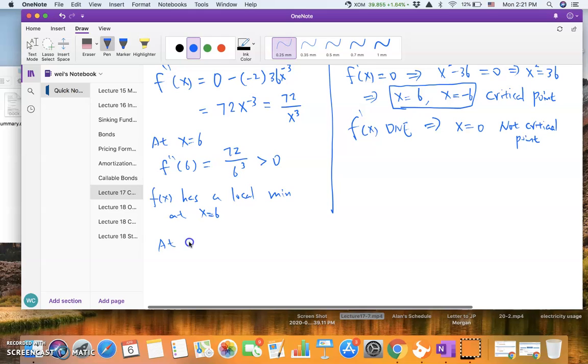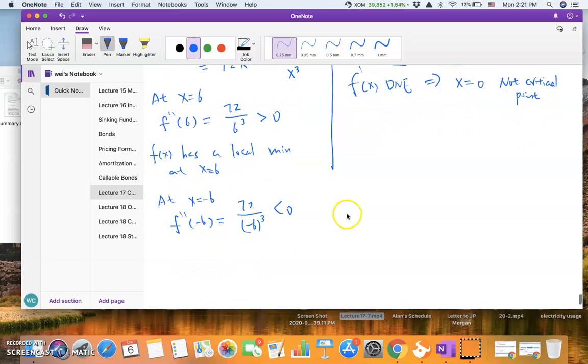And at x equals -6, the second derivative is 72 over -6 to the third. That's negative. Therefore, the function has a local maximum at x equals -6.